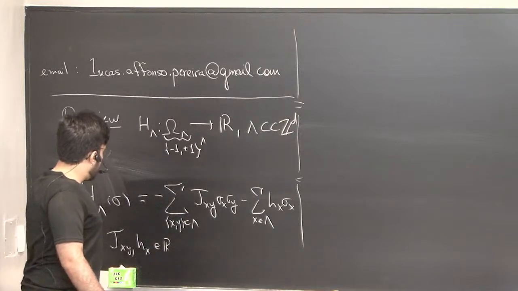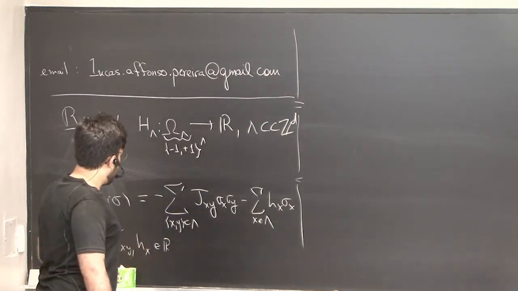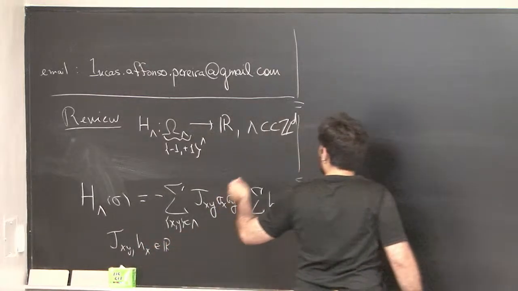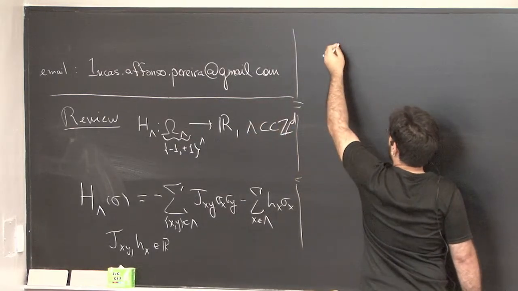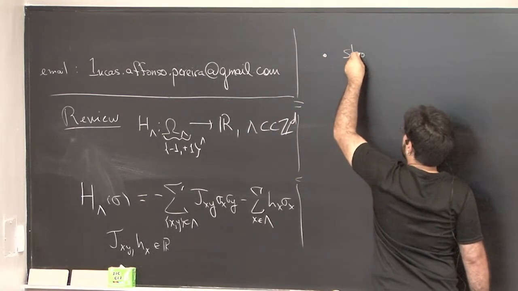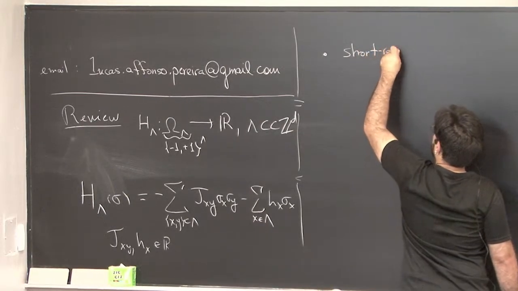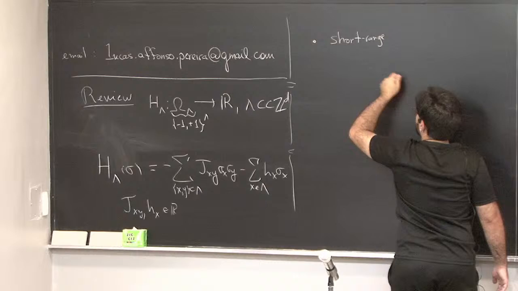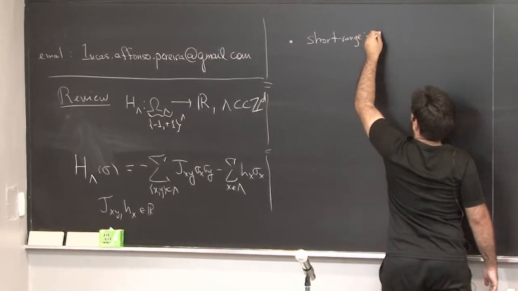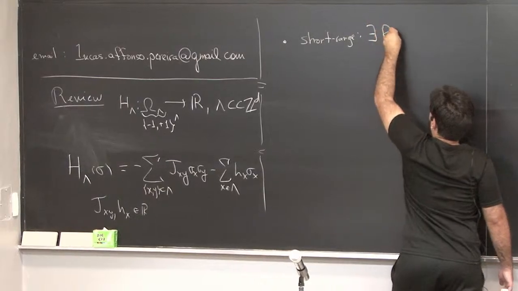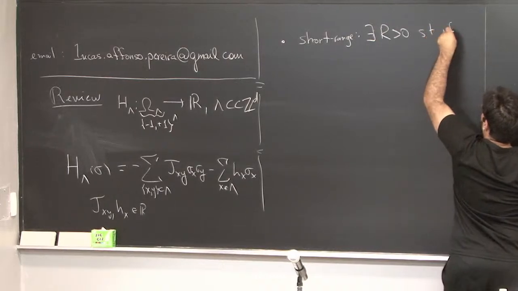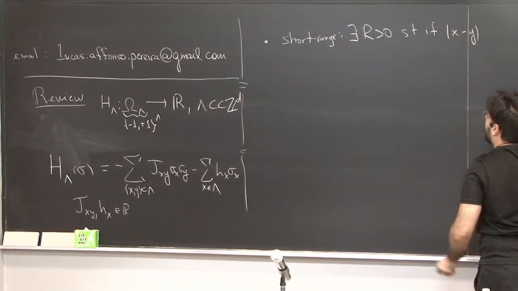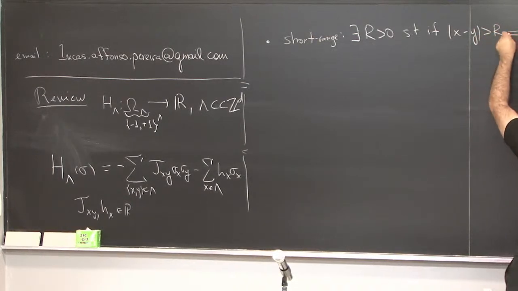Okay, and to study the pressure, we actually asked for more. We needed these to satisfy more conditions. They should be short range, and this means that there exists a positive R such that if the distance between x and y is larger than R, this implies that J_xy is 0.